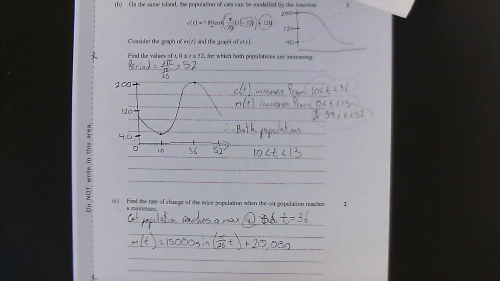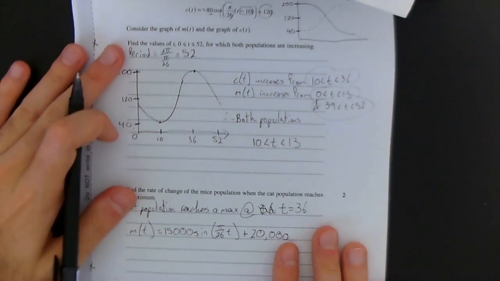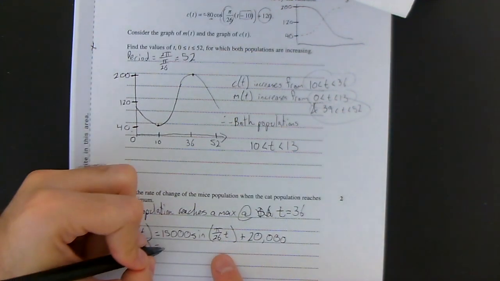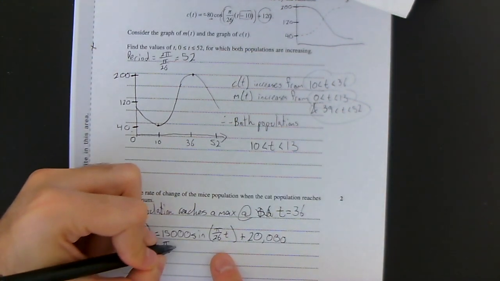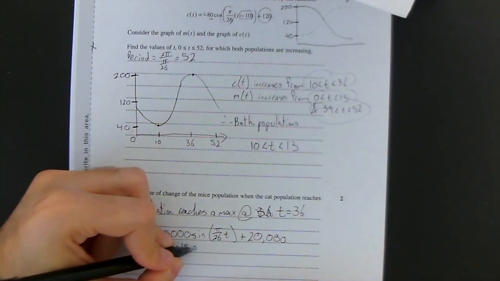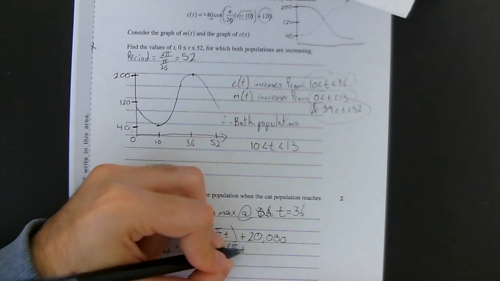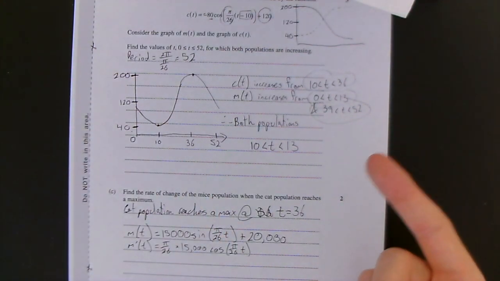Okay, and then all we need to do is derive this, so M'(t), and that gets us pi on 26 times 15,000 cos pi on 26 t, and then we sub in 36.